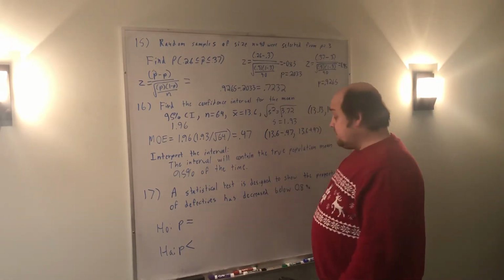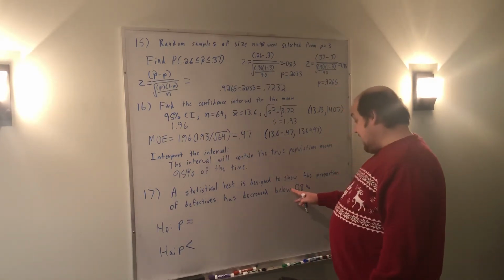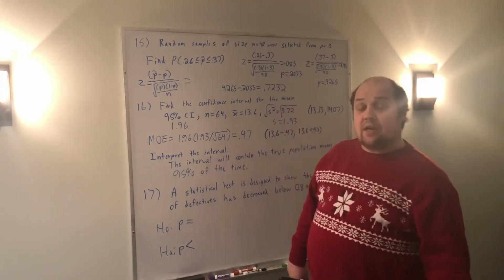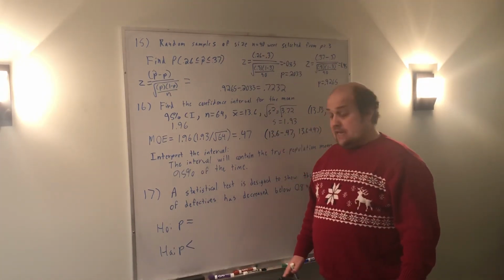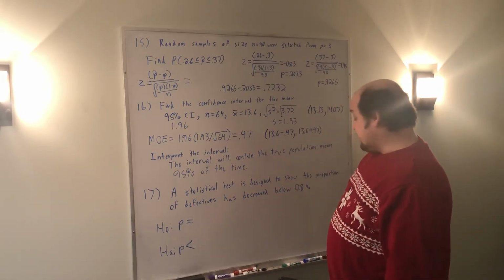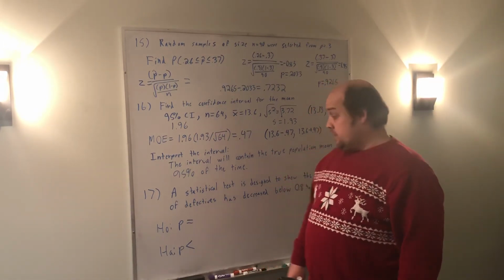Now that I have my symbol set up, I need to see what to compare it to. If this had said 80%, when I changed it to a decimal, I moved the decimal point 2 places and get 0.8. So if I was trying to show a decrease below 80%, the correct answer would be P is less than 0.8. That's not what this says.